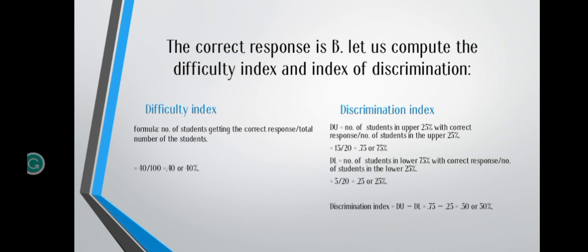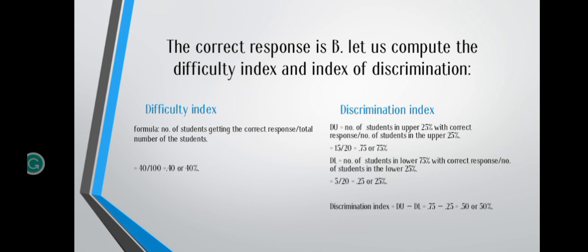Kailangan lang natin, kapag kukunin natin yung difficulty index, i-divide natin kung ilan yung estudyanteng nakakuha ng tamang sagot doon sa dami ng mga estudyante. While naman sa discrimination index, ang una mong gagawin ay hanapin muna yung DU, yung difficulty upper, i-divide mo yung lahat ng estudyanteng may tama ang sagot doon sa dami ng estudyanteng sumagot.